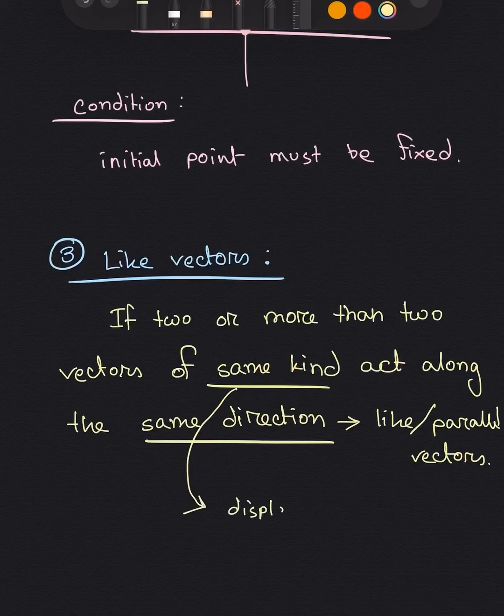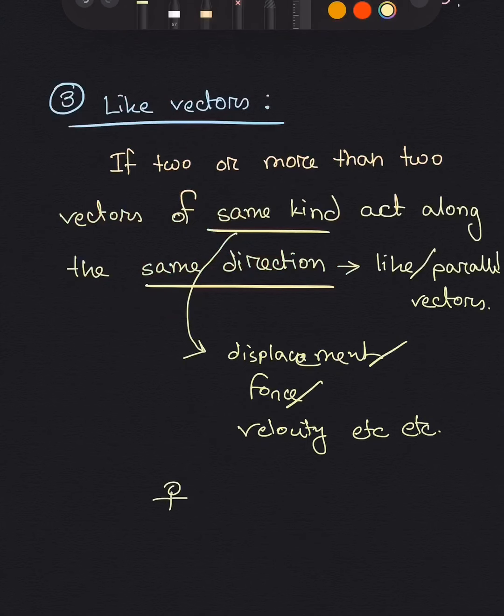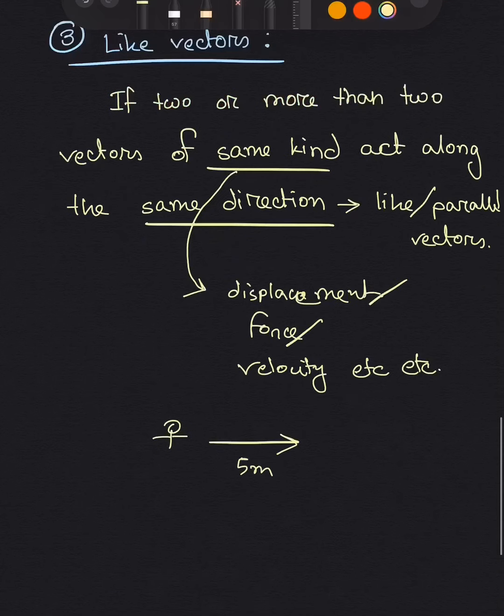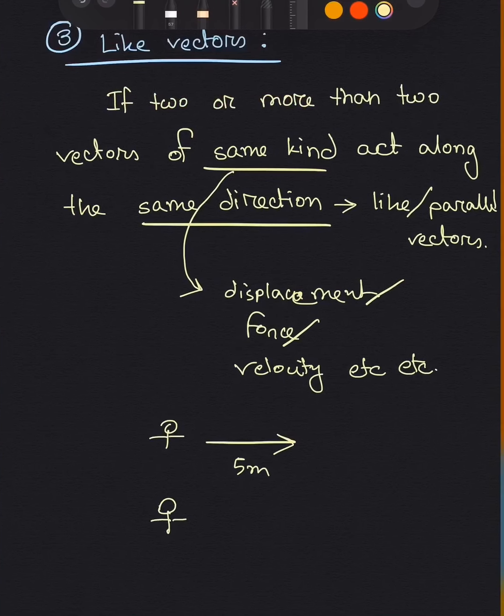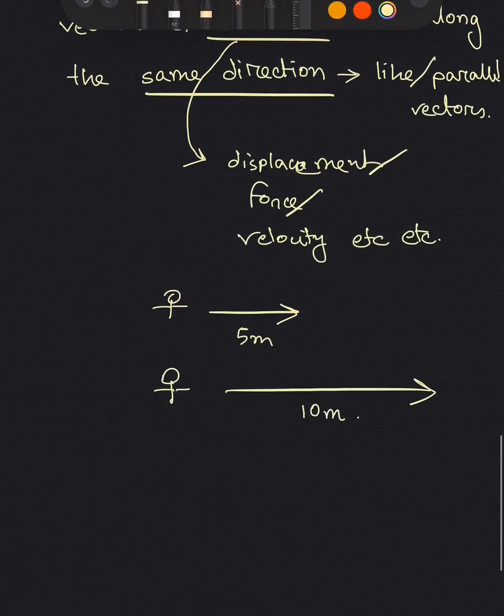Same kind means either both the vectors should be displacement or force or velocity, etc. So if you're traveling towards north 5 meters and your brother is traveling towards north and his displacement is 10 meters, see, both the vectors are of the same kind, i.e. displacement, and both the vectors are parallel to each other, so they are called like or parallel vectors.